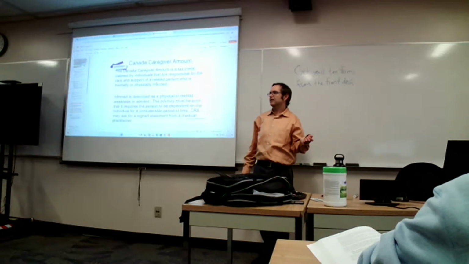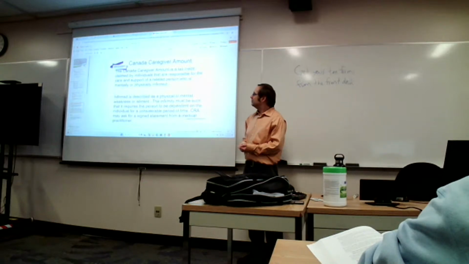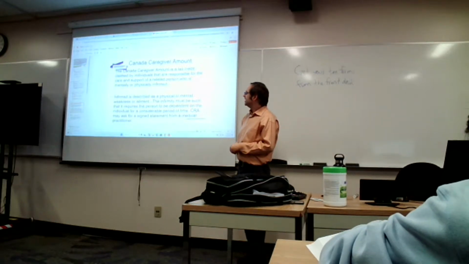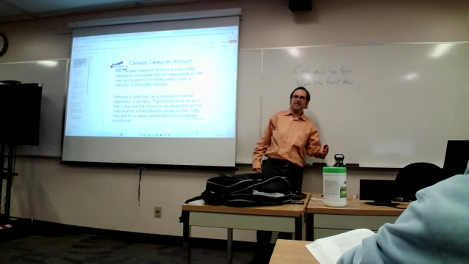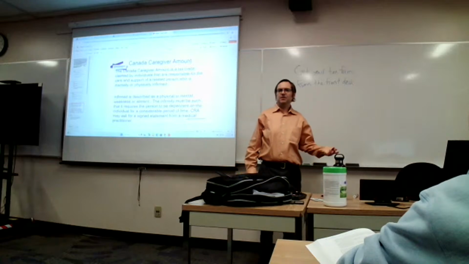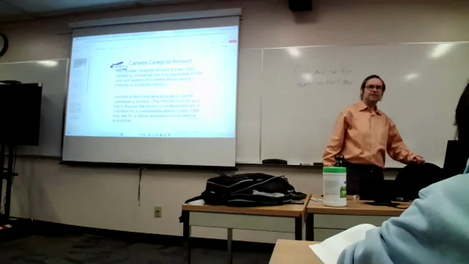CRA has it on file. Make sense? Okay. Being infirm is described as a physical or mental weakness or ailment, and this ailment needs to be such that you're basically depending on someone else to take care of you. Does that make sense?